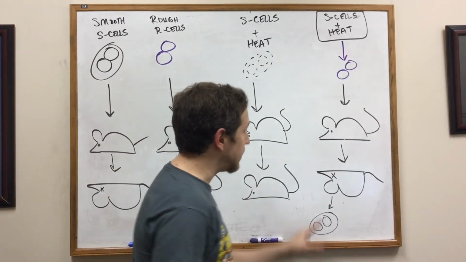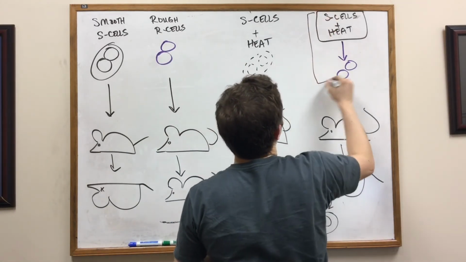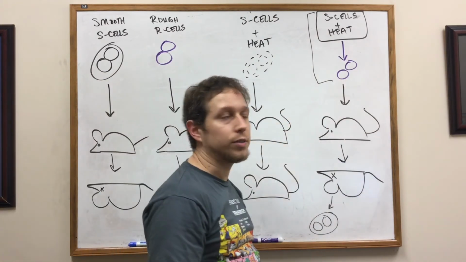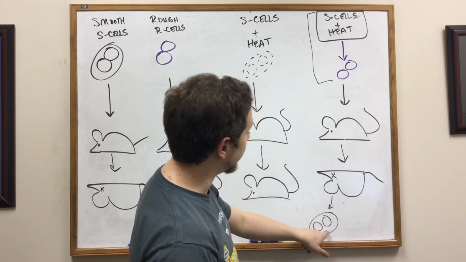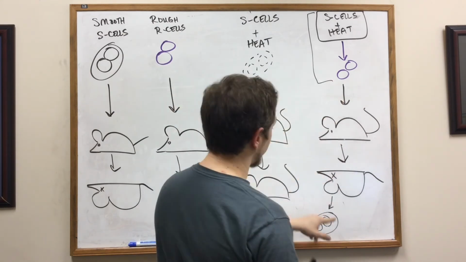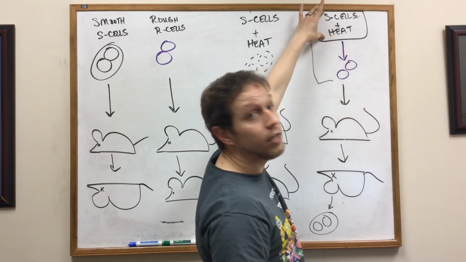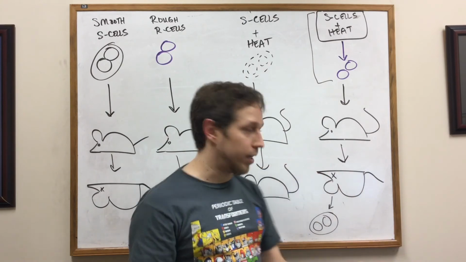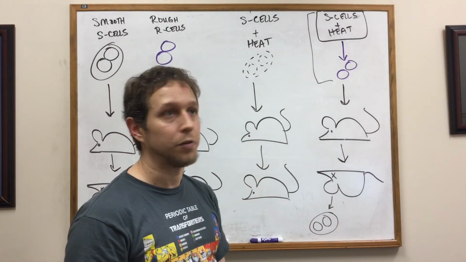So what happened here then must have been some kind of interaction between what was left of the S cells and those R cells. And so what this group inferred was that the way that you got these living S cells was the R cells took up something from these dead S cells and it transformed them into S cells that then grew and killed the mouse.